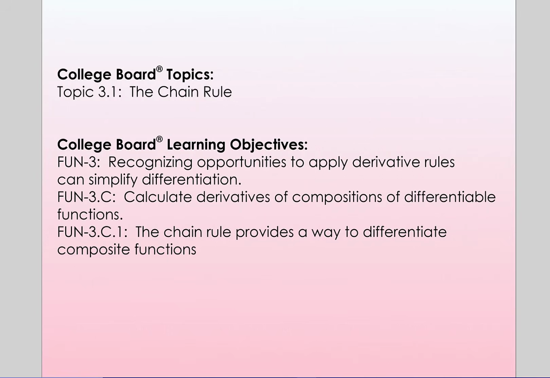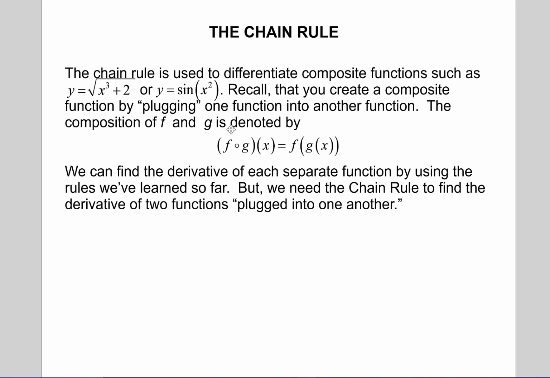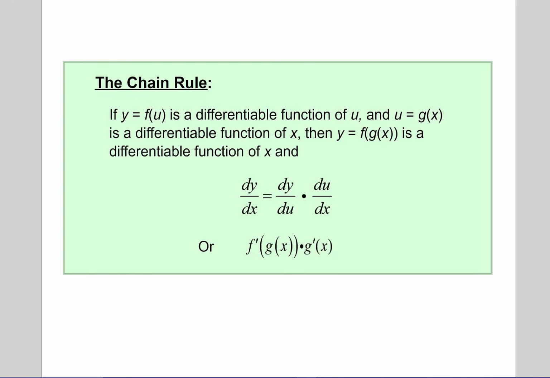Now, the chain rule is a great rule so we can take the derivative of composition functions, such as f of g of x. We need the chain rule to find those derivatives when we have a function plugged into another function.